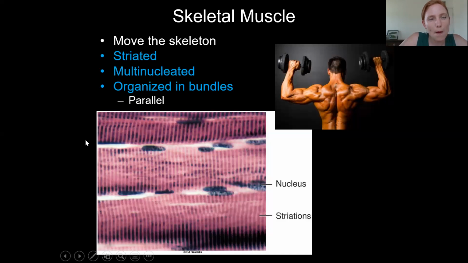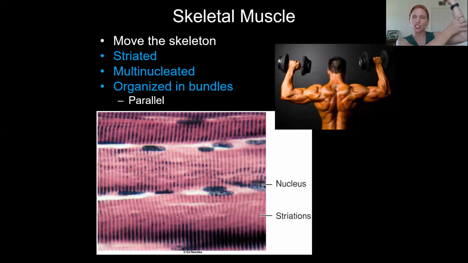So those muscle cells, also known as muscle fibers, they are very long cells, and they're all going to be organized and bundled parallel to each other. Why do you think that all of the muscle fibers are running the same direction? So think about what their job is.